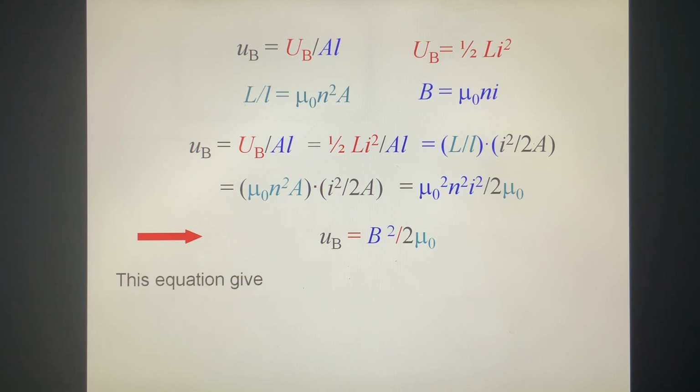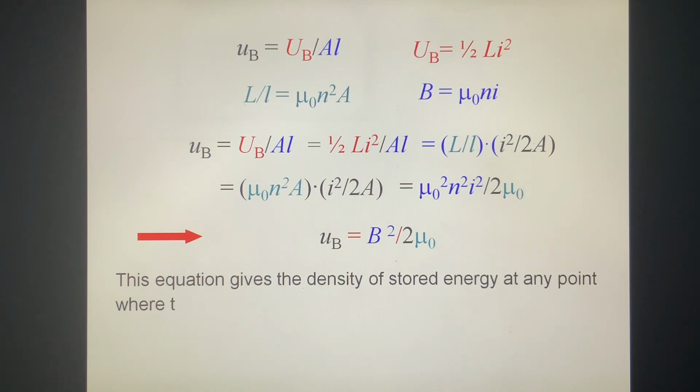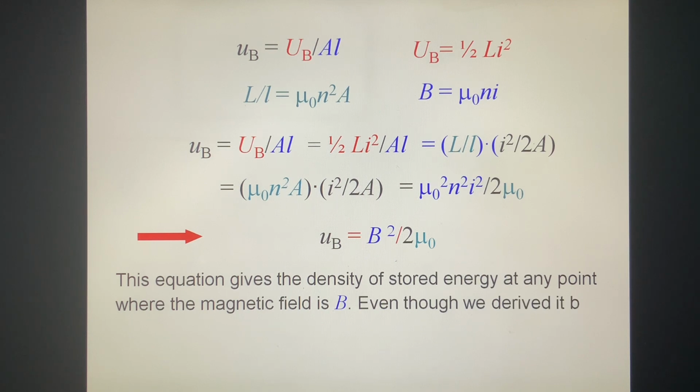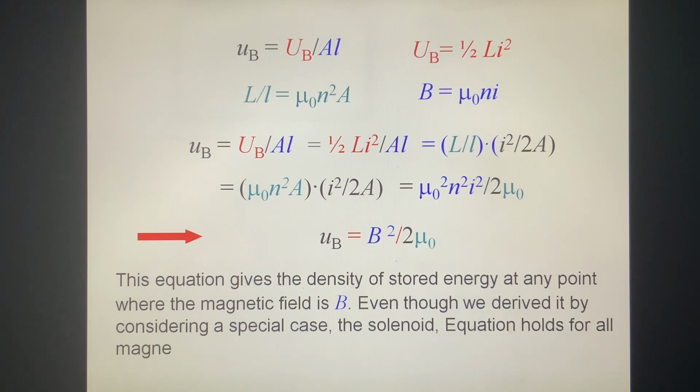This equation gives the density of the stored energy at any point where the magnetic field is B. Even though we derived it by considering a special case, the solenoid, the equation holds for all magnetic fields, no matter how they are generated.